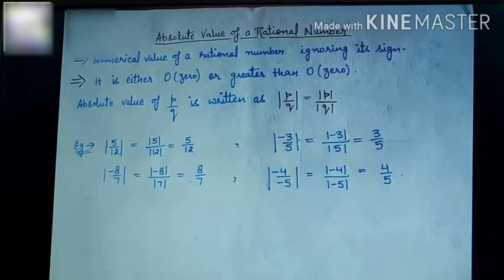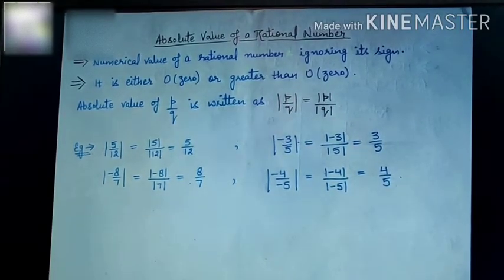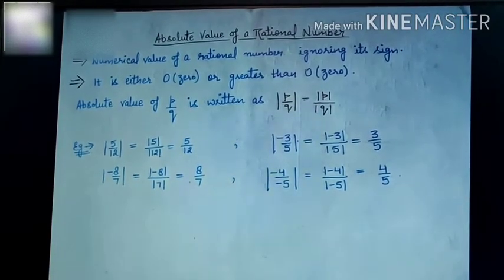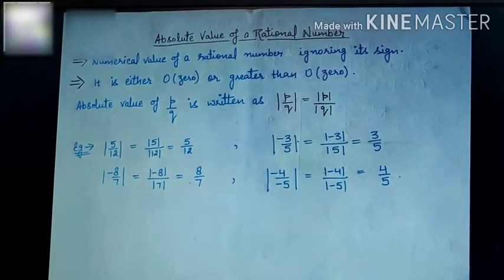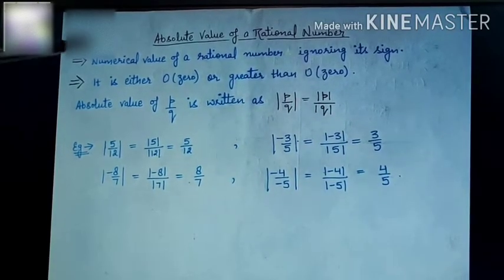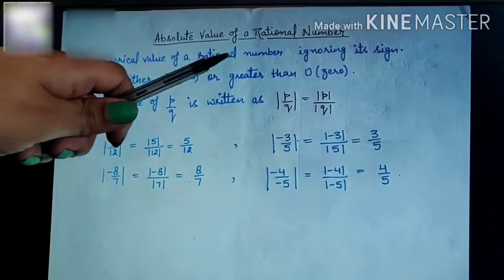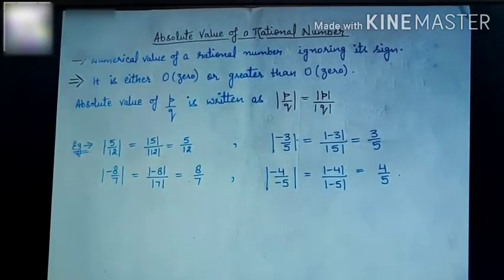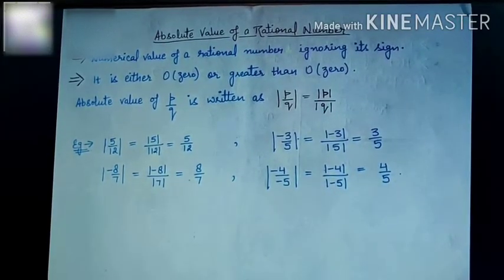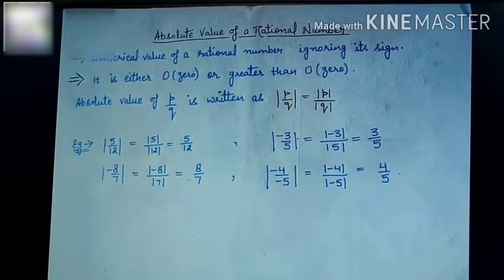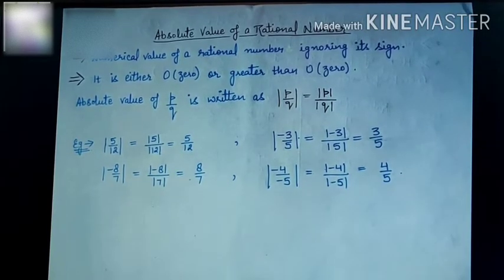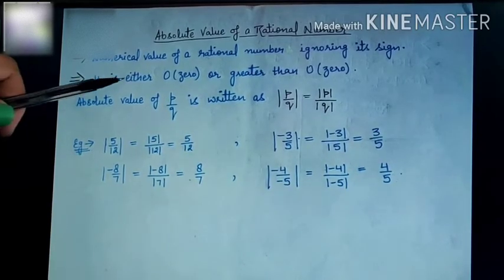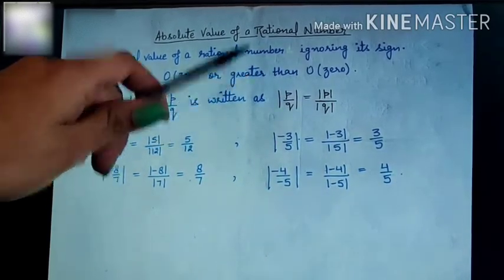Next is the absolute value of a rational number. Now what is the absolute value of a rational number? There are 2 points. First, the numerical value of a rational number ignoring its sign is the absolute value of a rational number. Means you just have to write the rational number without its sign. Second point, it is either 0 or greater than 0.